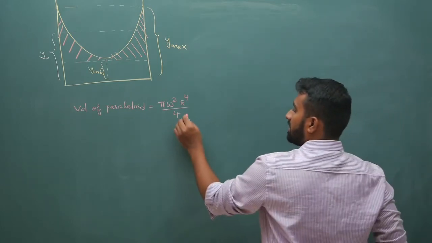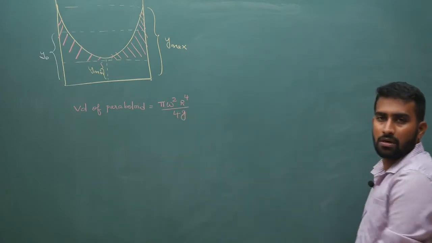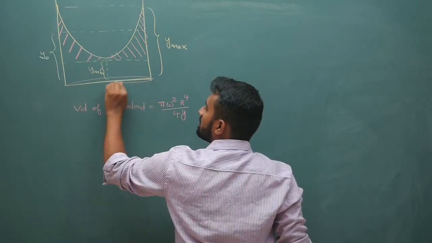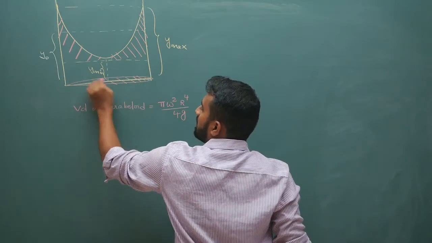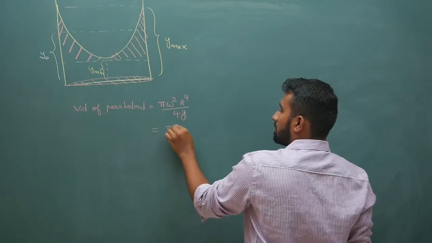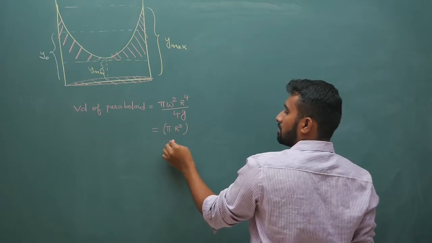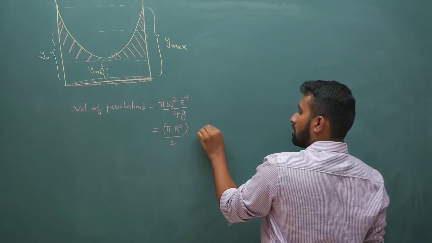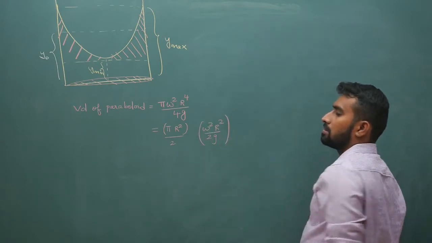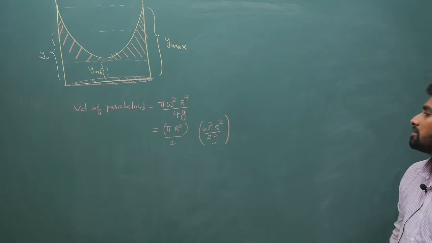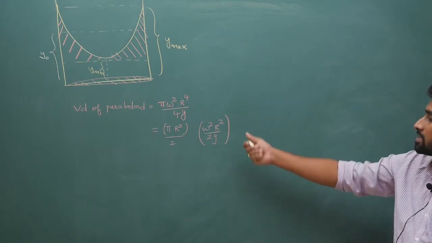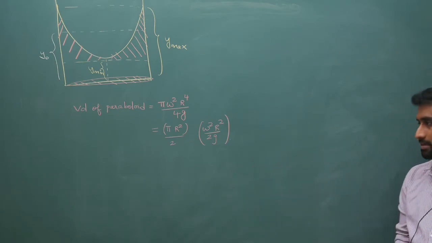So you are getting this much. Now I will rearrange, because the base is of cylindrical shape, your base area is pi r square. So I will write pi r square by 2 times omega square r square by 2g. I can write pi omega square r power 4 rearranged and written like this.